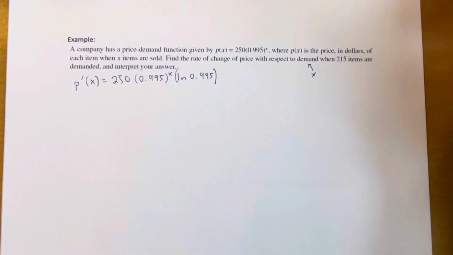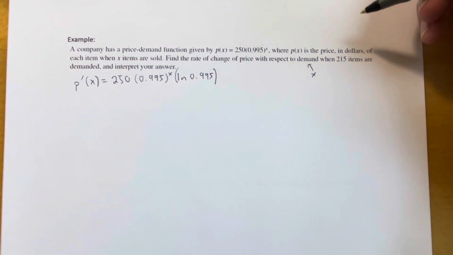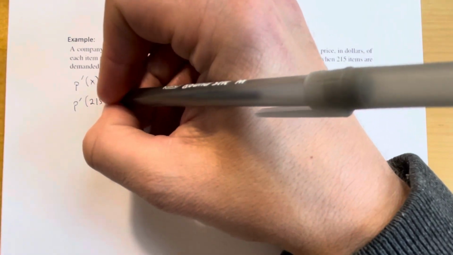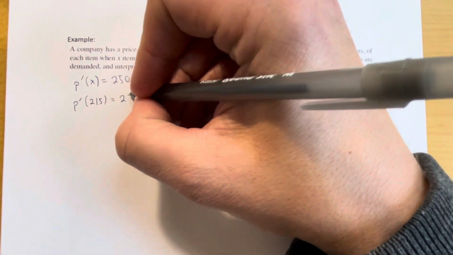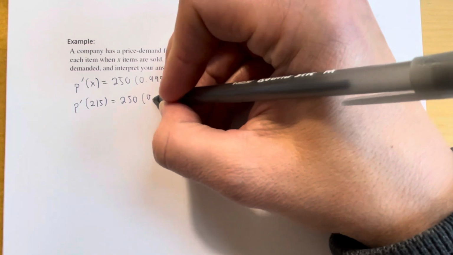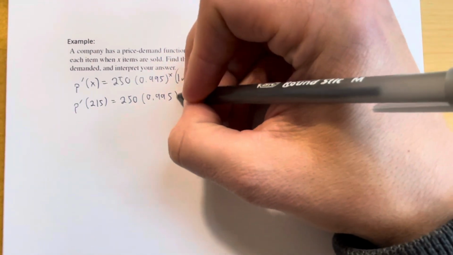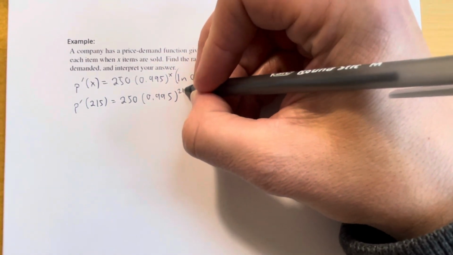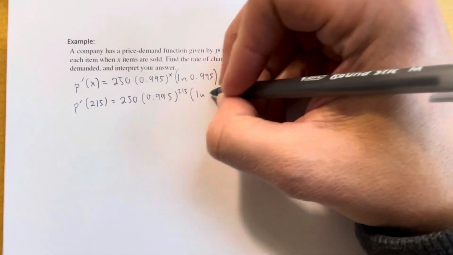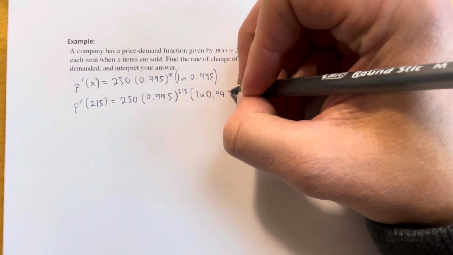Okay, that's the derivative. But we want the derivative specifically when X is equal to 215. So I'm going to now plug a 215 in to this function. 250 times 0.995. This is where the 215 goes, right there, times the natural log of 0.995.